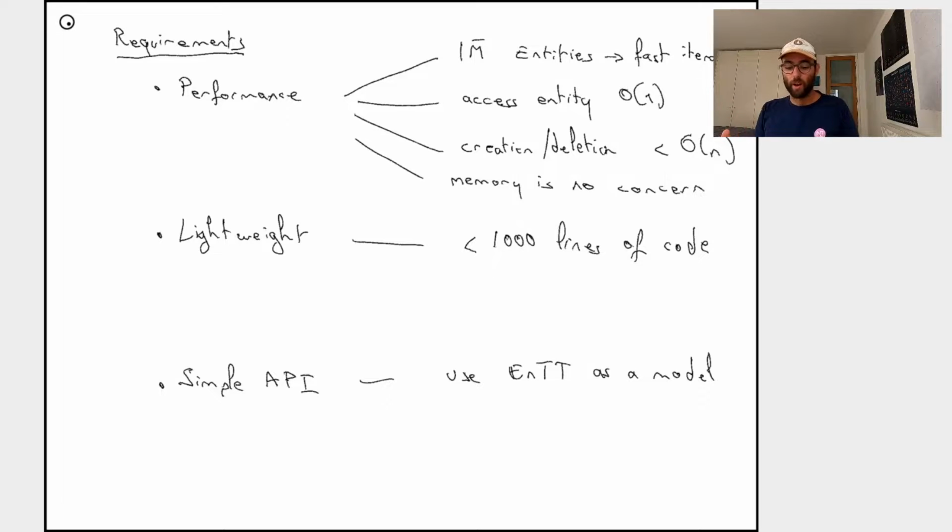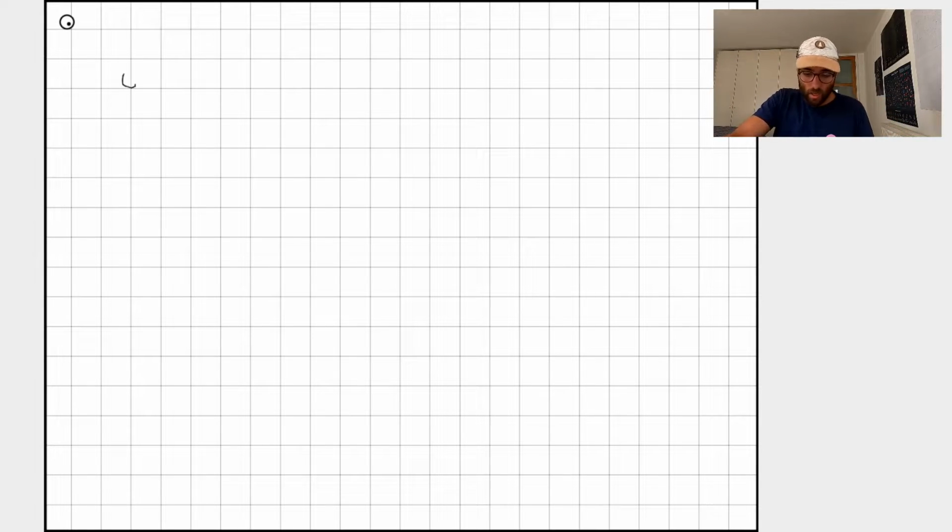Now, with these in mind, especially the performance one, here is the architecture that I have in mind to achieve them. First, let's define what entity, component, and system will be in our API. An entity will be just an ID.